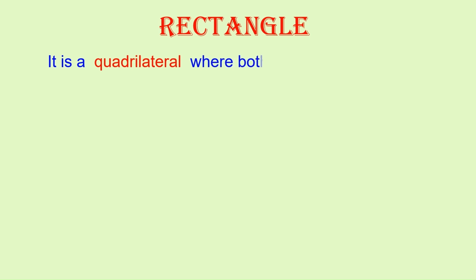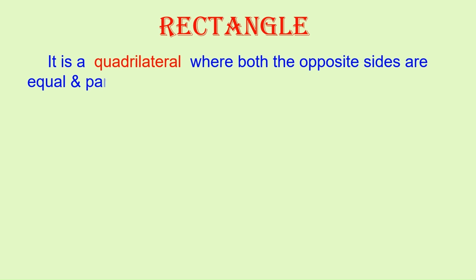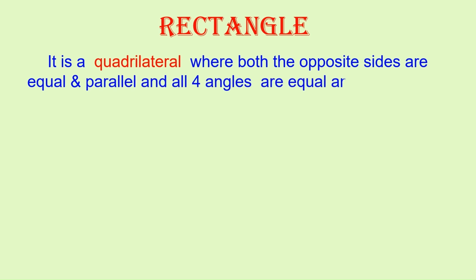The rectangle. It is a quadrilateral, where both the opposite sides are equal and parallel, and all four angles are equal and right angles.